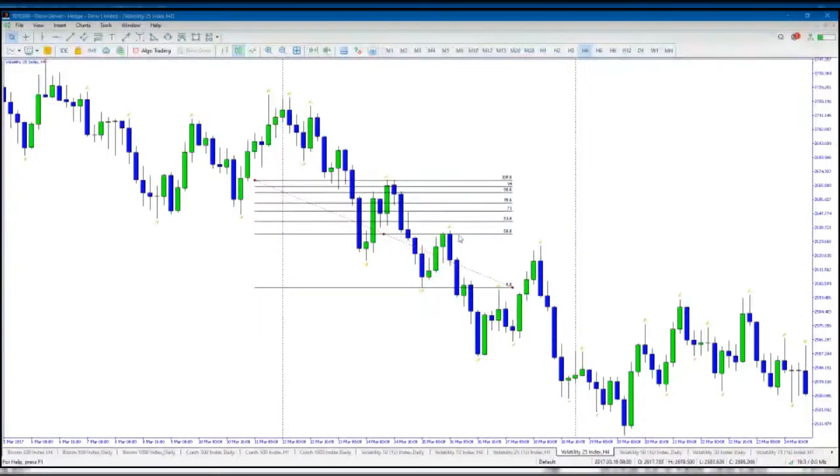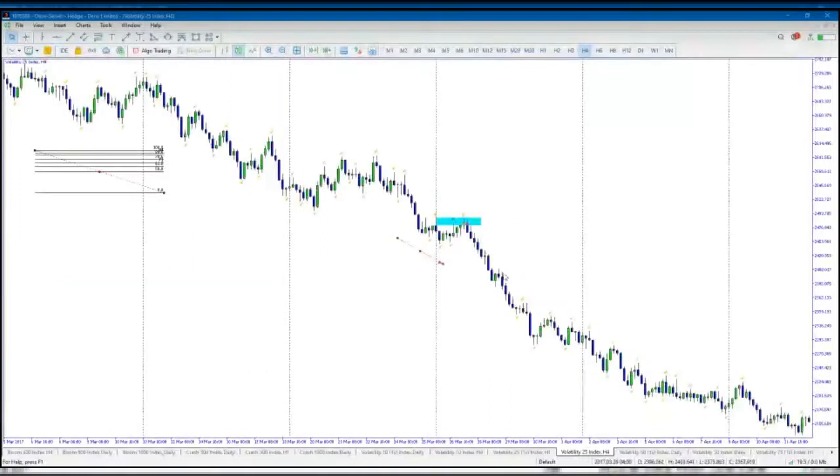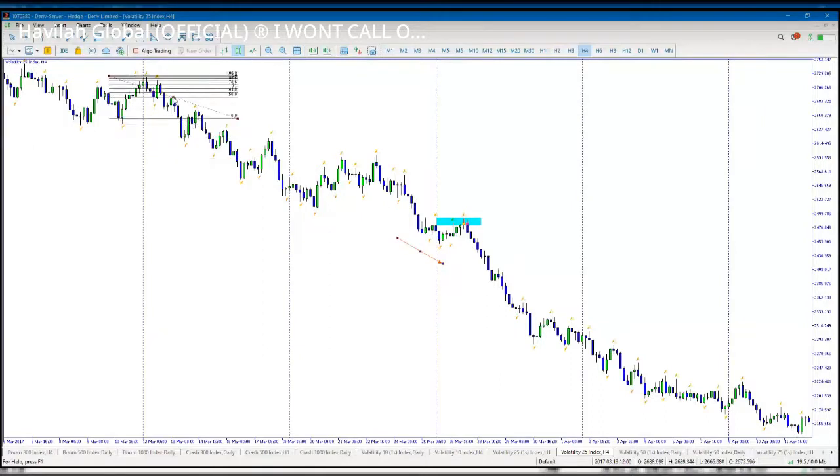Okay, this one eats 50%. So which one again? I saw one that didn't eat 50% now. Okay, this. Okay, so this didn't eat 50%. Well, let me scale down and see what happened here.